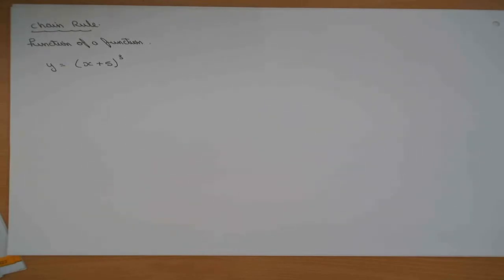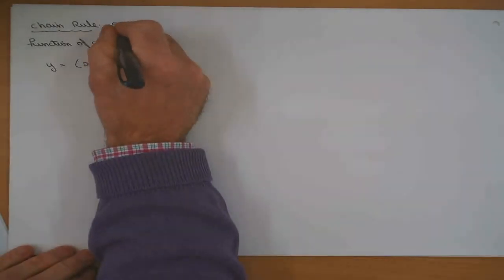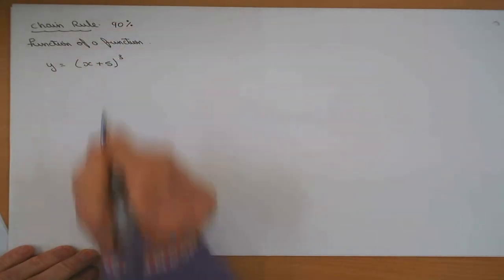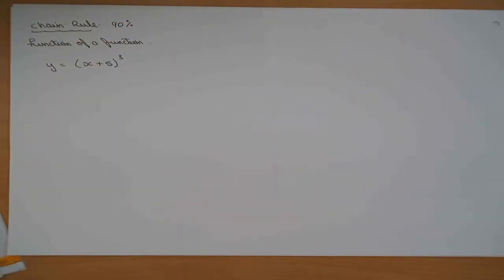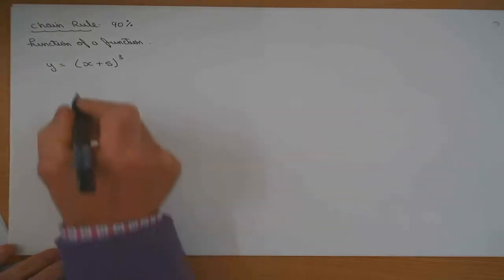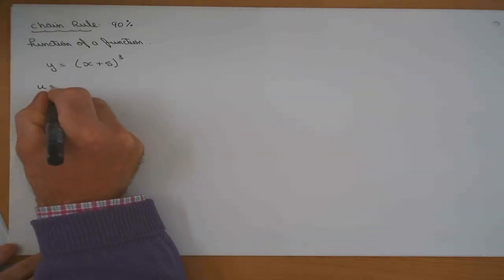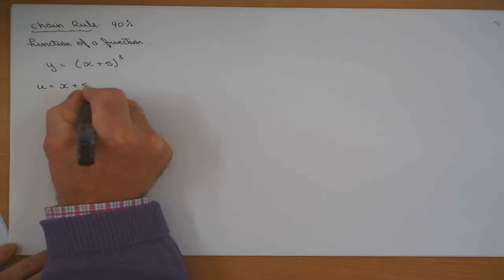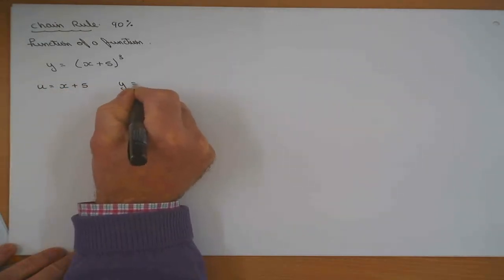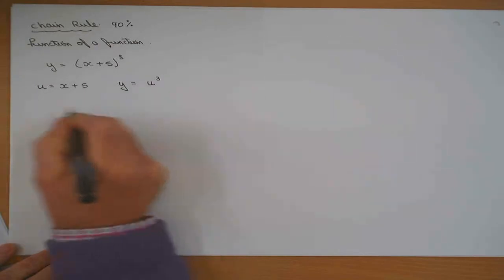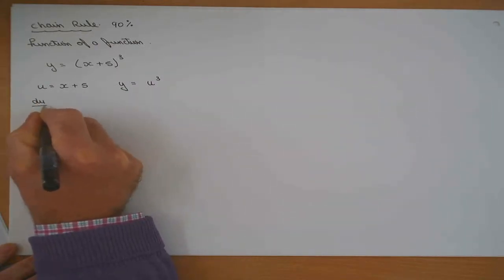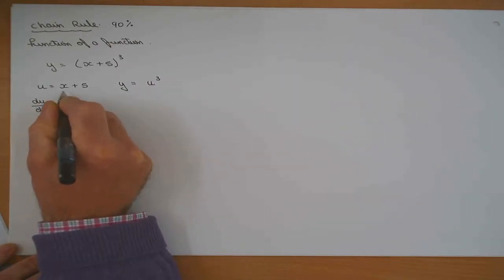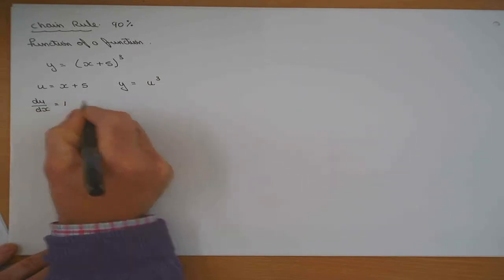To differentiate a function of a function, 90% of what you differentiate will be a chain rule in one form or the other. Use the chain rule. To use the chain rule, you let u equal to the operation you do first. So what would you have to do first? x plus 5. And what does y then become? u cubed. You work out du/dx: differentiate x, 1, and 5, 0.